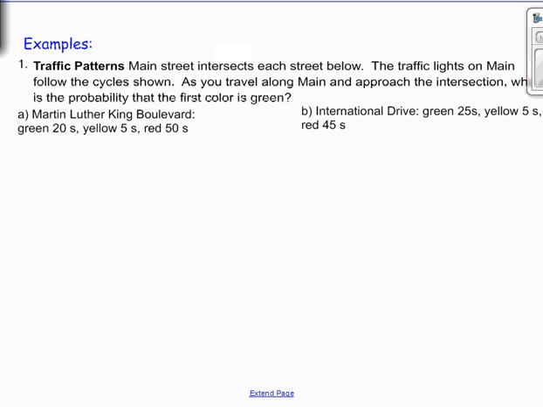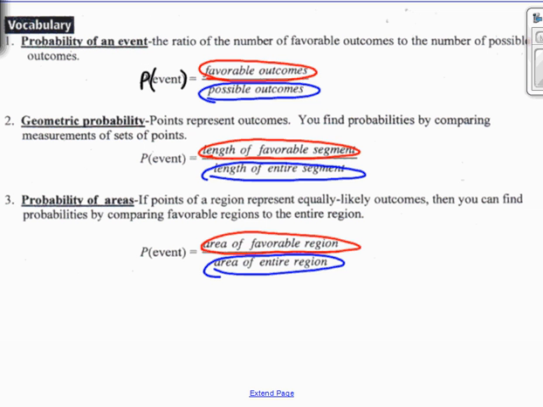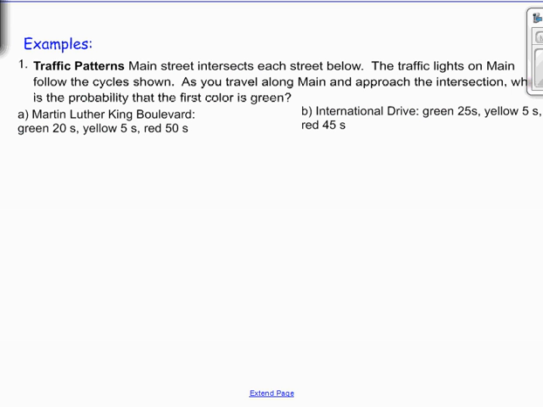So this is an example of probability of an event happening. Main Street intersects each street below. The traffic lights on Main Street follow the cycles shown. As you travel along Main and approach the intersection, what is the probability that the first color is green? So Martin Luther King Boulevard, it says how many seconds each event is.